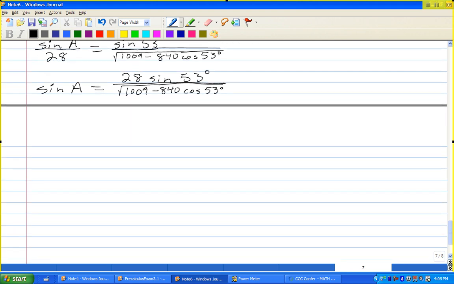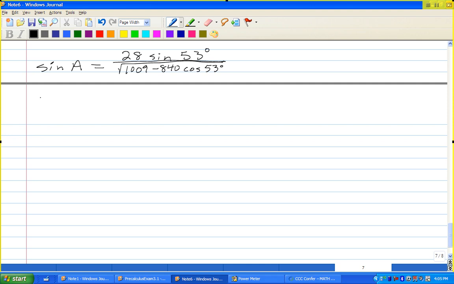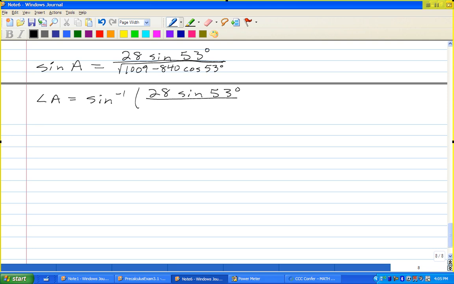And so A is equal to the inverse sine of that.